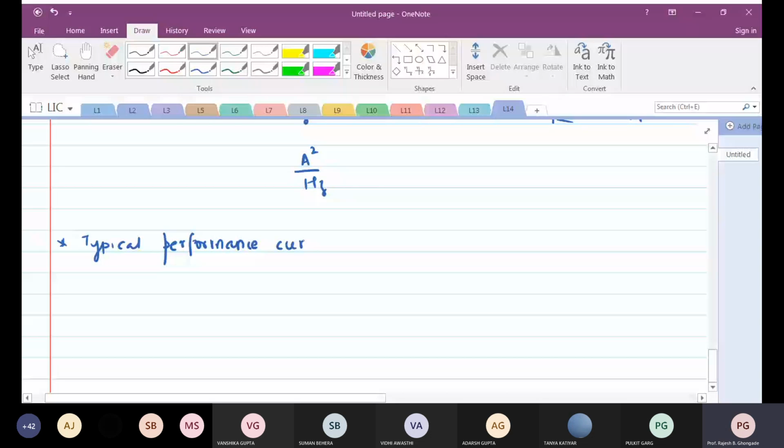In a data sheet, we normally have these curves, which are graphs of electrical parameters affected mainly by three factors.